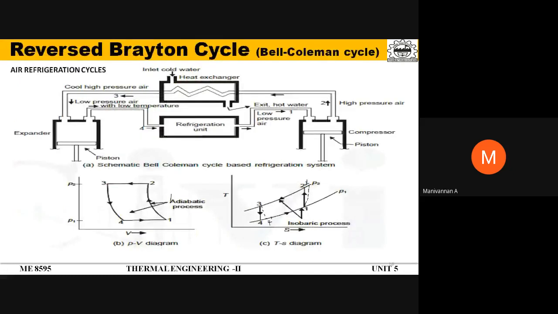Your pressure P3 will be equal to P2. Similarly here at the inlet, your pressure P1 equals P4. So pressure is constant, whereas the volume changes from V3 to V4. So that is how the expression comes here.